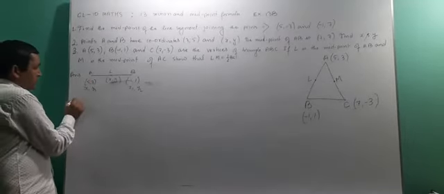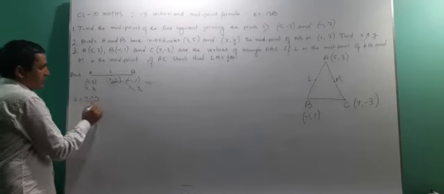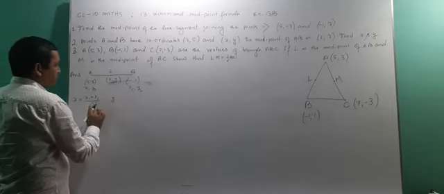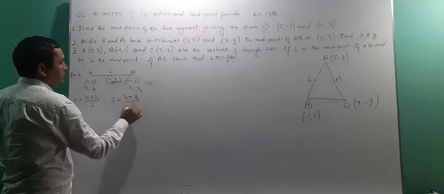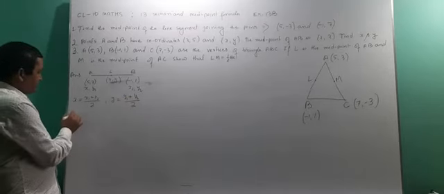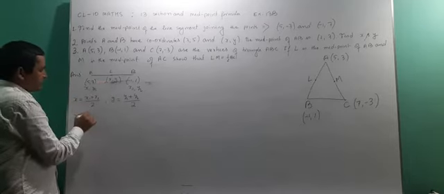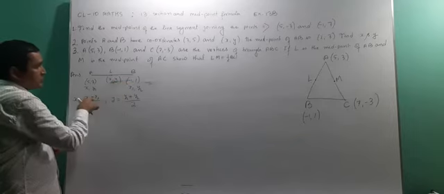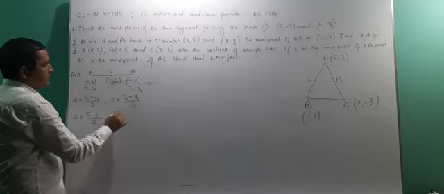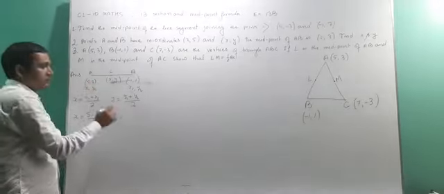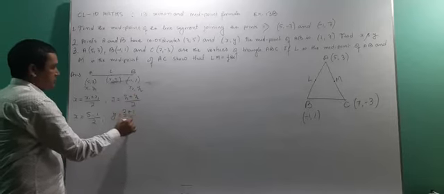Now according to the midpoint formula, x equals x1 plus x2 divided by 2, and y equals y1 plus y2 divided by 2. x1 is 5, x2 is minus 1, so 5 plus minus 1 divided by 2. y1 is 3 plus y2 which is 1, divided by 2.